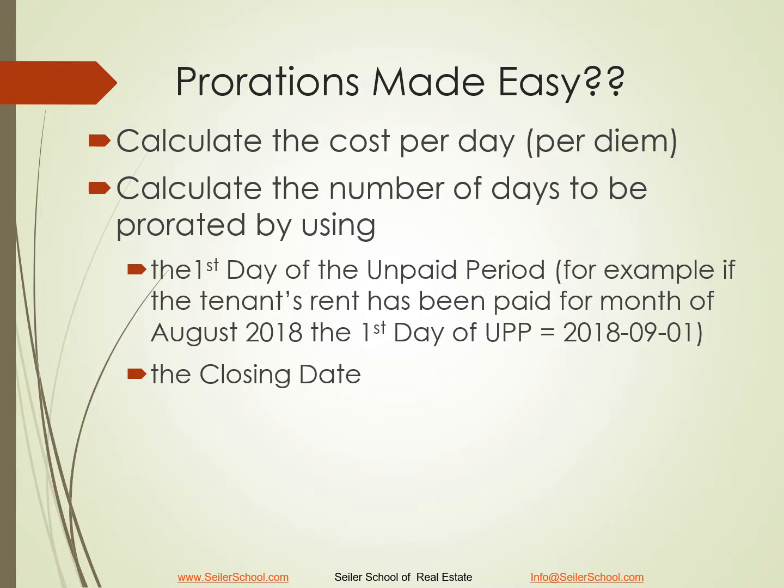So the first day of the unpaid period is September 1st, and that's how we'd write it. 2018-09-01, and then we'd write down the closing date, and then we subtract.